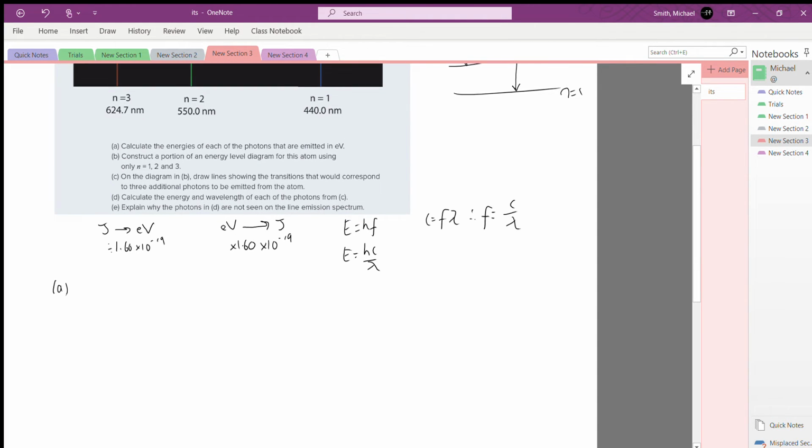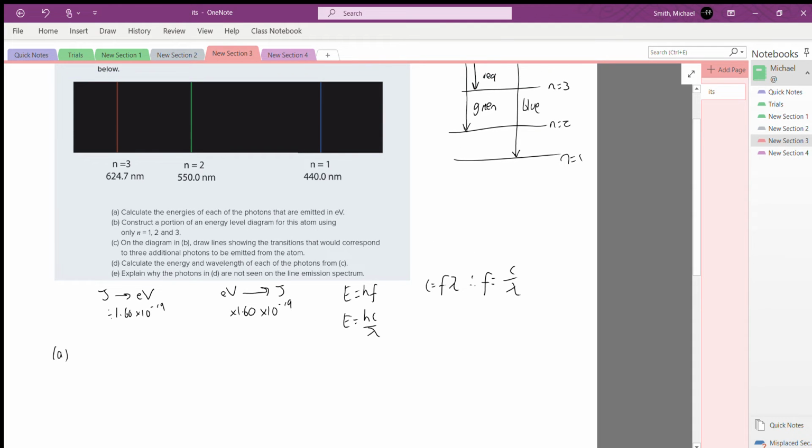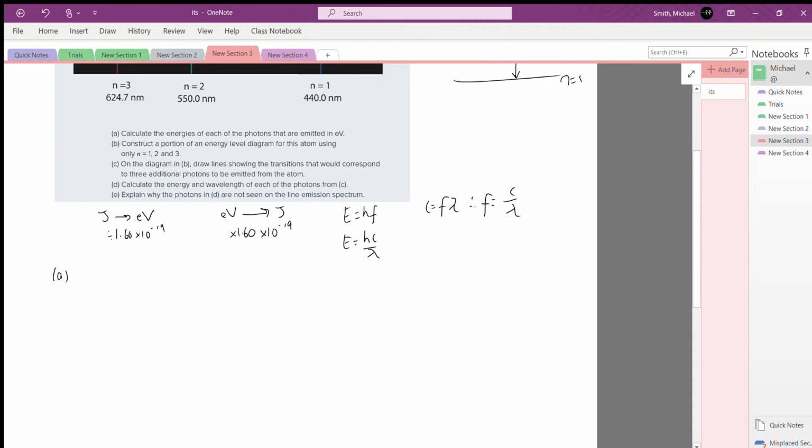So first, we've got all the wavelengths here. It's just a matter of substituting them into our formula, this one here, and then converting it to electron volts.